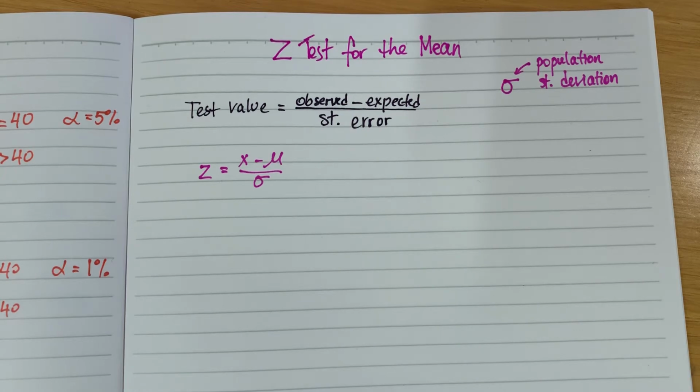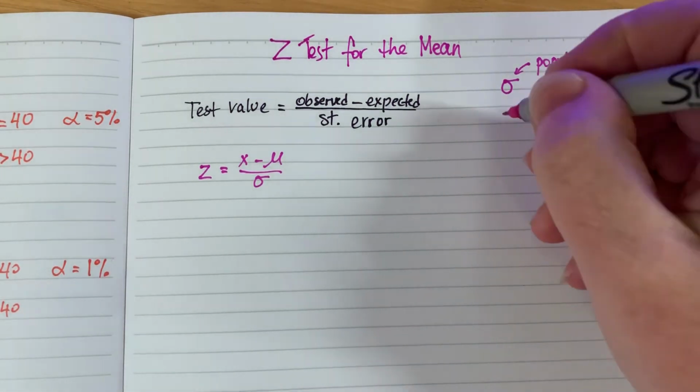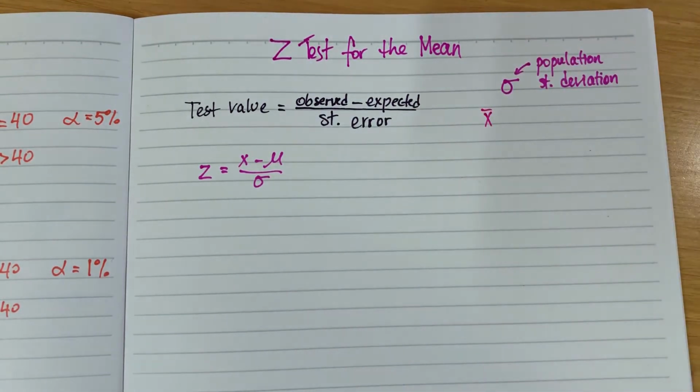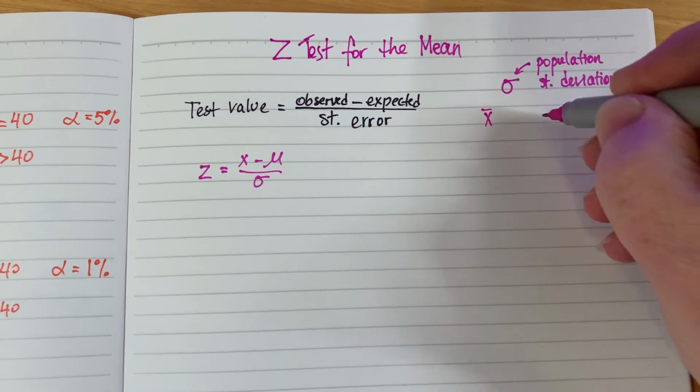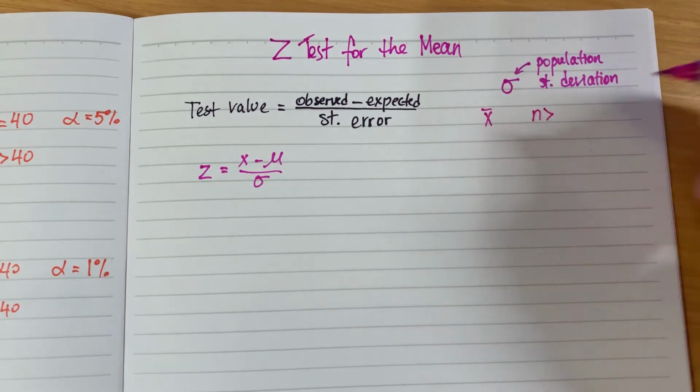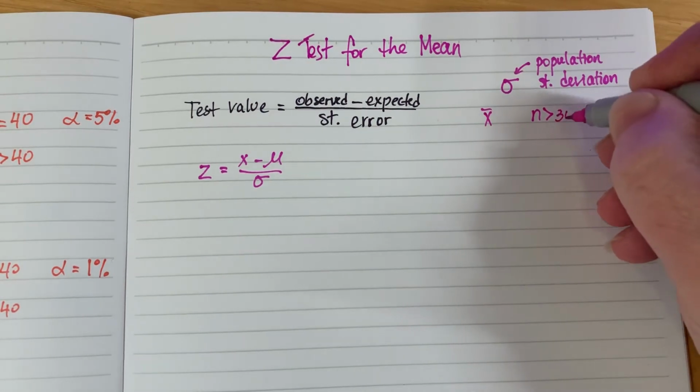So if I have a mean of a sample, my x bar, remember that the sampling distribution of a sample mean is going to be distributed normally if I know that the population is normal or my n is greater than 30.